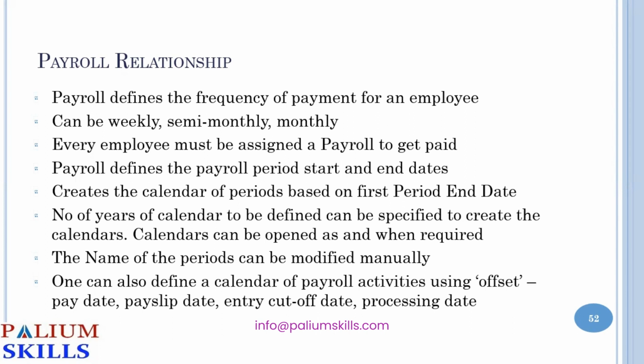One can define a calendar of payroll activities using offset. Offset means you can specify the pay date, payslip date, entry cutoff date, and processing date based on the date for which it has been assigned.